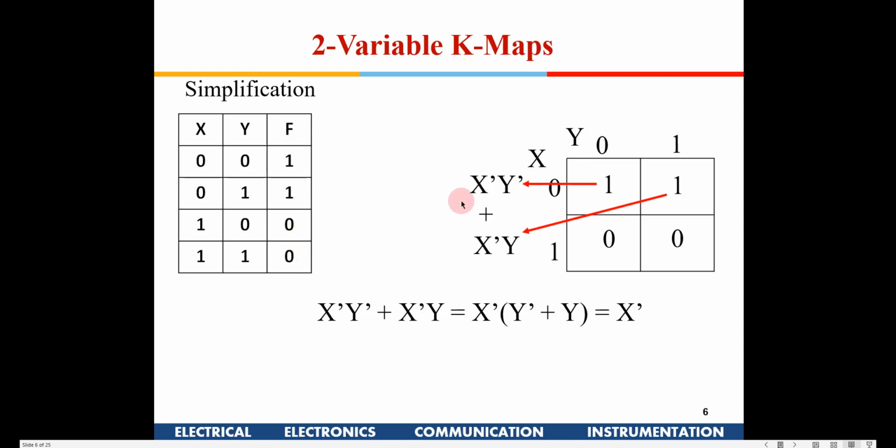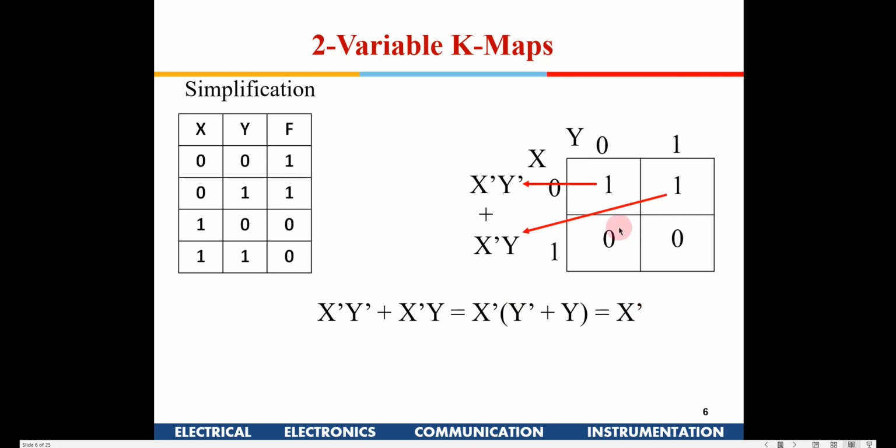These 2 are 1, so I can write x dash y dash plus x dash y, right? If I take x dash common from these two expressions, it becomes y dash plus y, which is 1, so I get x dash here. So if I write the min terms and do an algebraic summation, I get x dash.